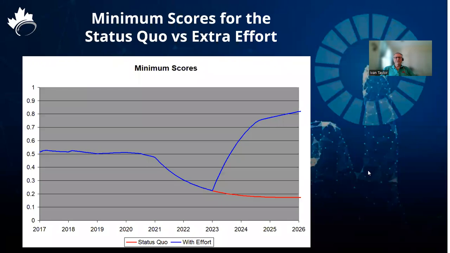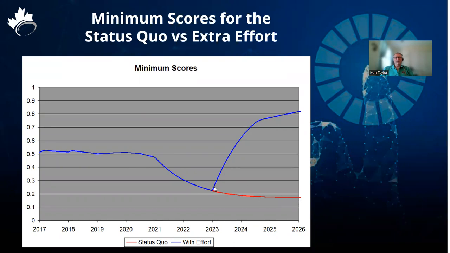Here's the graph for the minimum values, and you can see the historical relationship till 2022, and then in 2023 we have the policy of effort being applied, and we can see that without the effort, with no change, the status quo is the red line here that continues to fall.